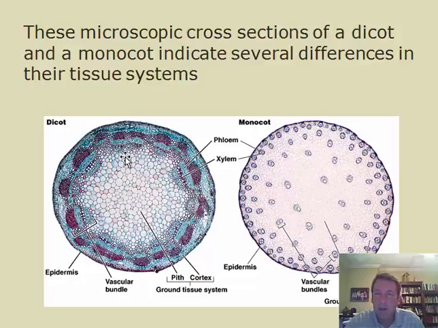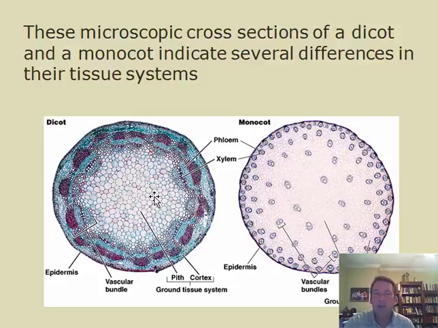So in dicots, the stem is formed with an epidermis, the outer layer of the stem. You have your vascular tissue close to that epidermis. It forms a circle just inside the epidermis, and that vascular tissue is made up of xylem and phloem.